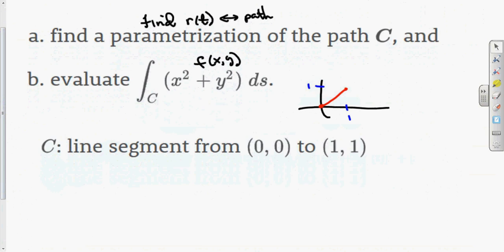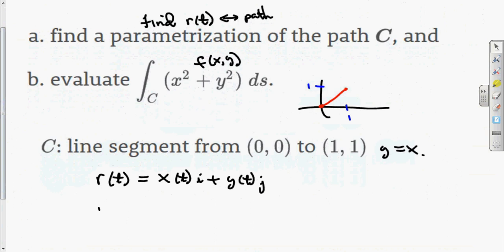Do you agree with me that this line looks like y equal to x? So this is the line, yes, y equal to x. We need to write y equal x in terms of r(t). No problem. This line segment simply means whatever x is, y is the same thing, right? So you remember that the path vector is given as r(t) is equal to x(t) i plus y(t) j.